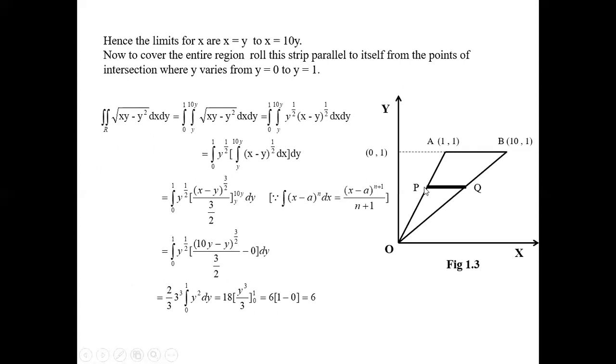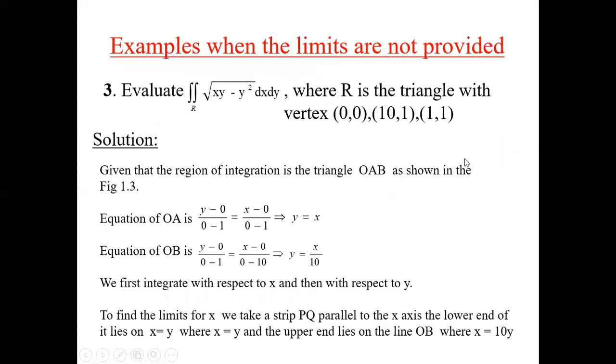Now we want to take a strip parallel to x-axis so that you can integrate first with respect to x and then move this strip from 0, 0 to y is equal to 1. Then we'll see that this is equivalent. How to find this? Given the region of integration is the triangle OAB as shown in the figure. Then equation of OA is y minus 0 divided by 0 minus 1 equal to x minus 0 divided by 0 minus 1.